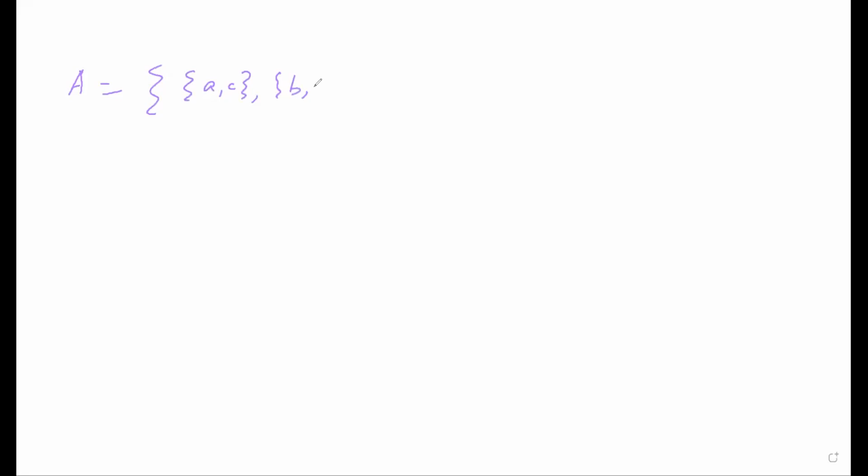Did I make a mistake? B is related to what? B is related to E, and then D and F are not related to anything other than themselves. This is better now, isn't it? That's how you write it.